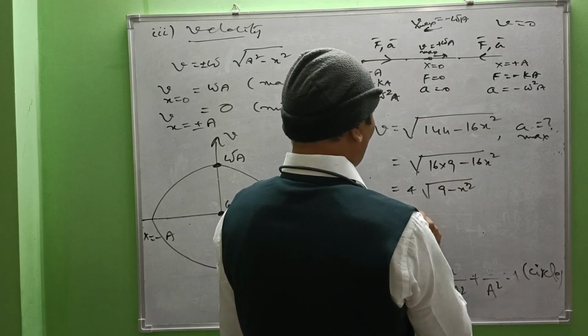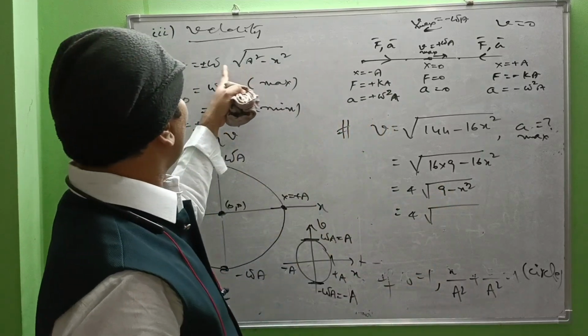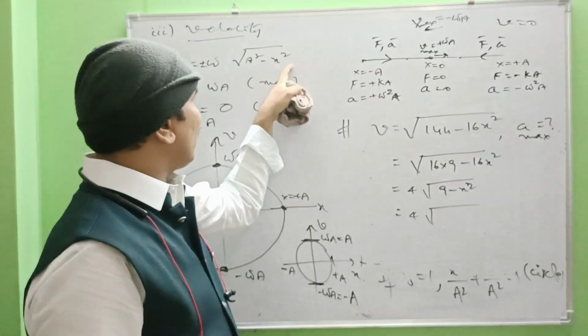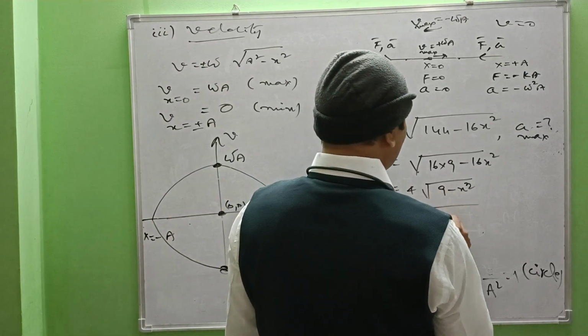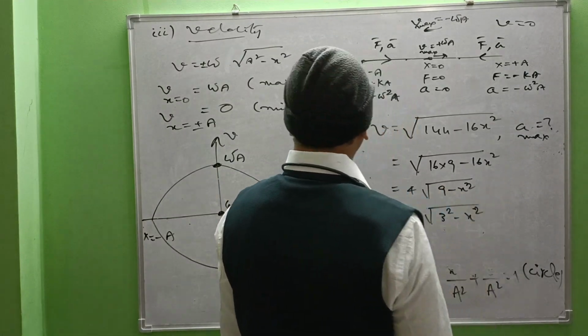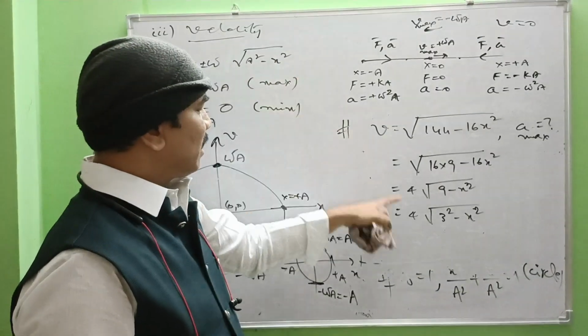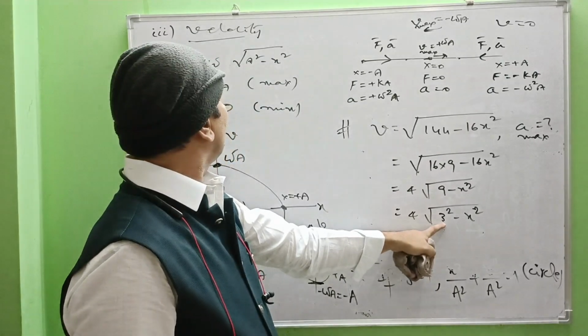Root over 9, that is 3 square. See the form here: v equal to plus or minus omega into root over a square minus x square. Instead of a square, 9 is there, so it can be written as 3 square minus x square. On comparing with v equal to plus or minus omega into root over a square minus x square, a becomes 4. Sorry, a becomes 3.